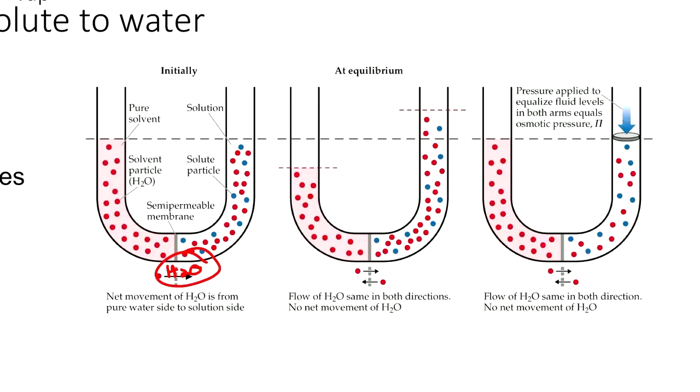All right, so if we have two solutions separated by a semi-permeable membrane, and one side is pure water and the other side is a salty solution, so there's a high concentration of salts, we say that the salty water exhibits a high osmotic pressure.